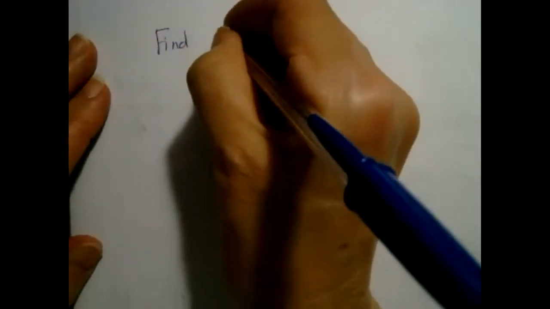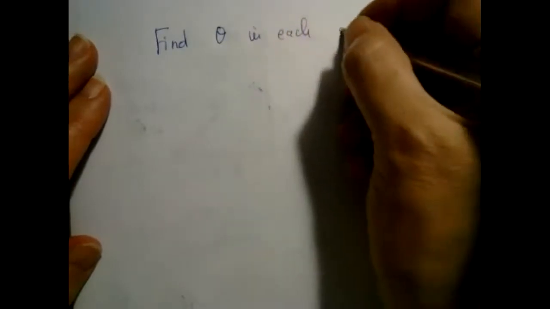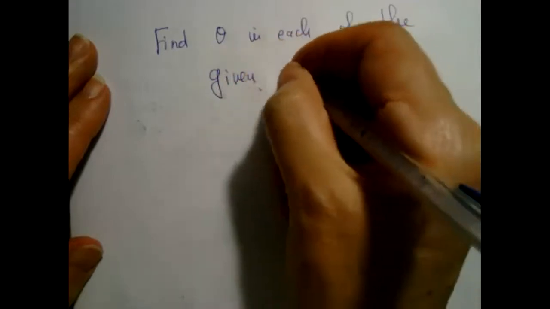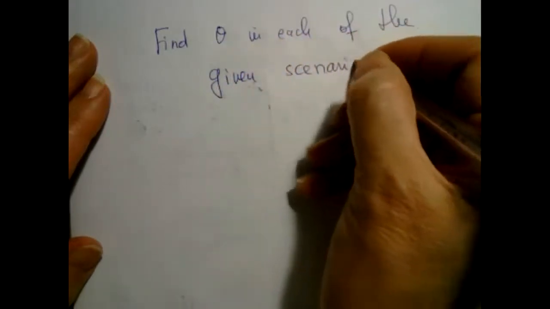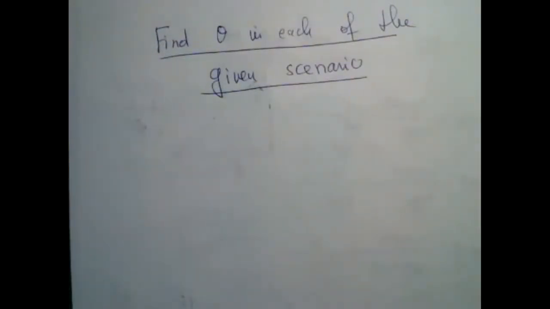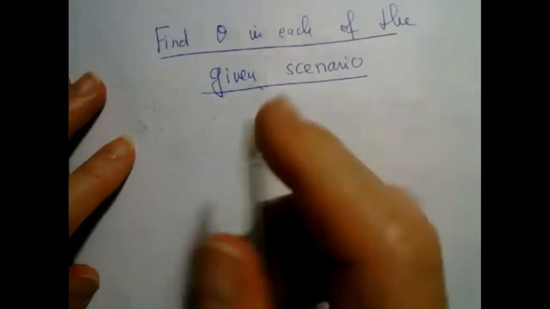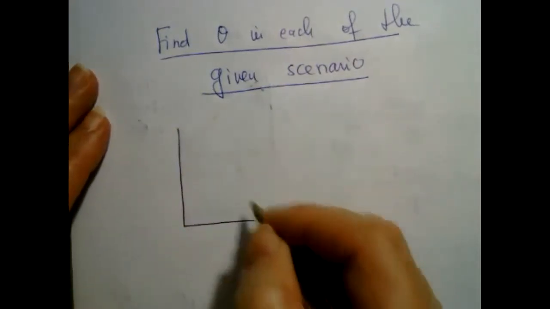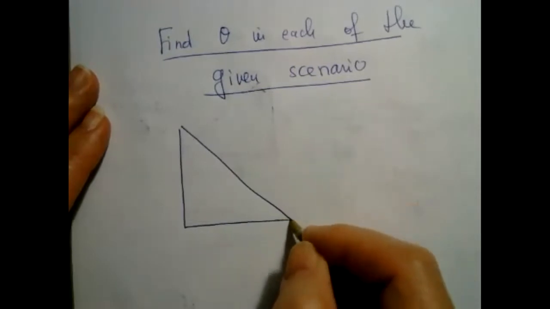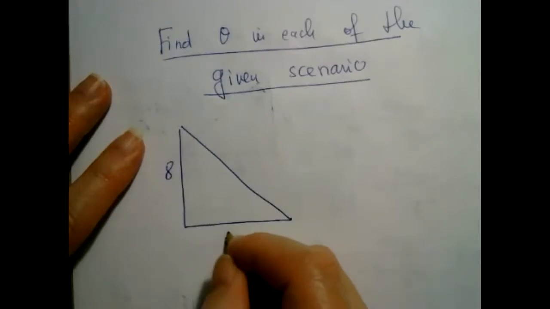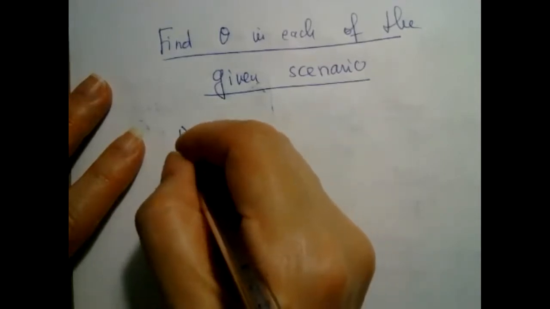This time, I want you to find the angle. All right, so I will draw my graph. This is my right triangle. I'm going to put 8 here, 5 here, and this is my angle theta.